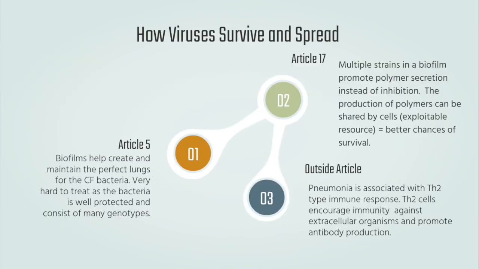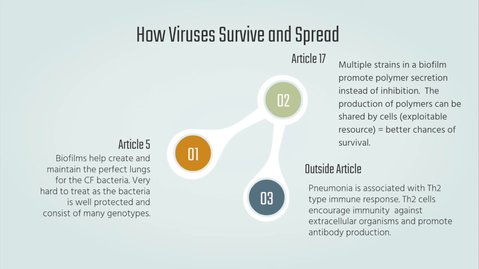Each article explained how bacteria can survive and spread with the aid of a biofilm. Article 5 explained how biofilms help create and maintain the perfect environment in the lungs for CF bacteria. This then results in a very hard-to-treat disease due to the variety of genotypes created.